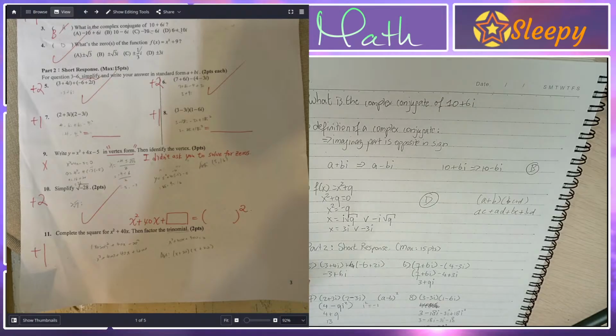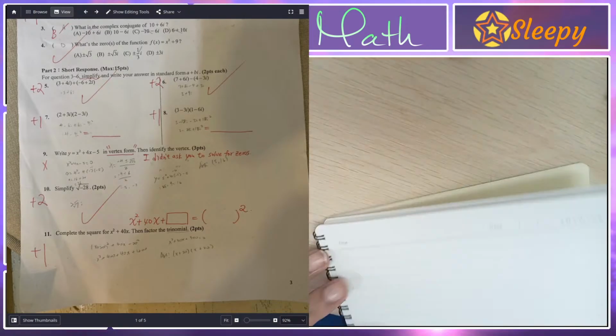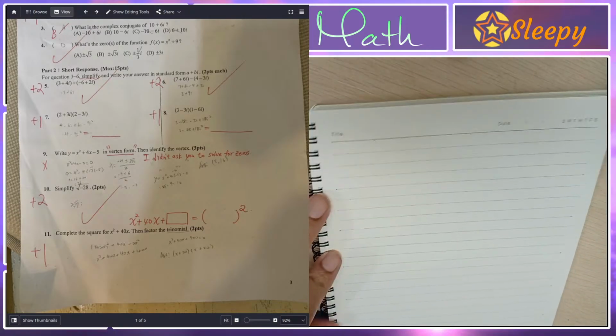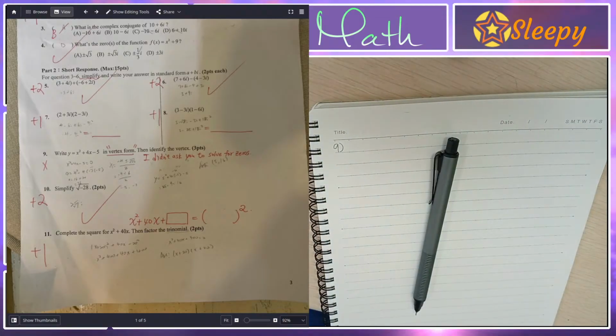All right, so now 9. I don't know what vertex form is. Let's check it out. Let's start with Google Translate, but I think Google Translate is not exactly helpful.